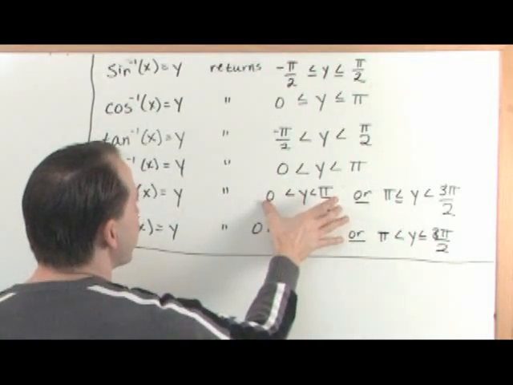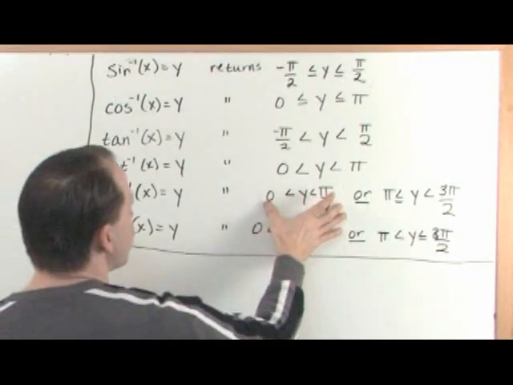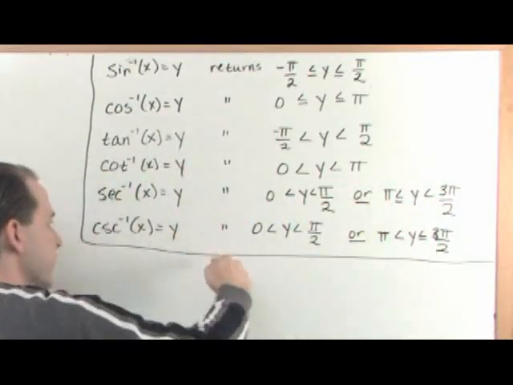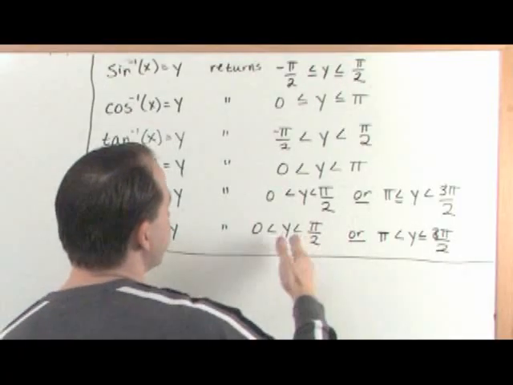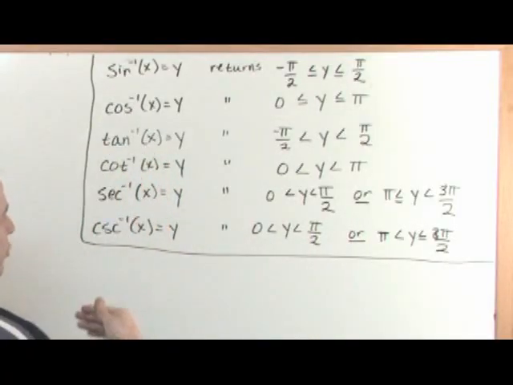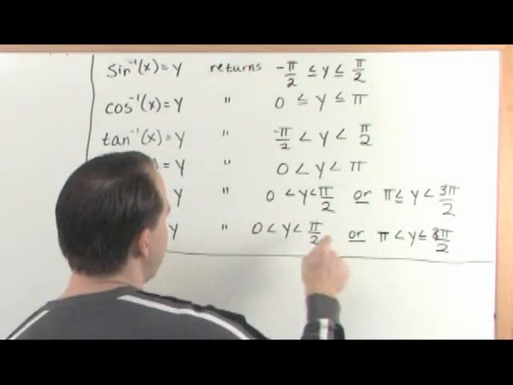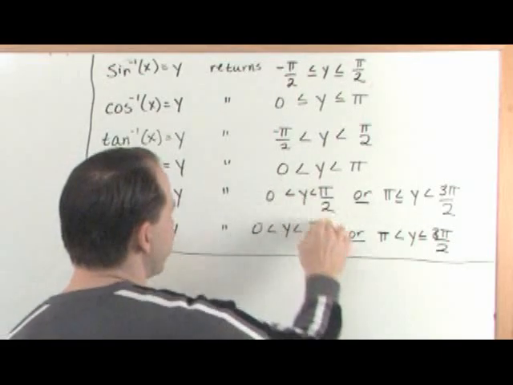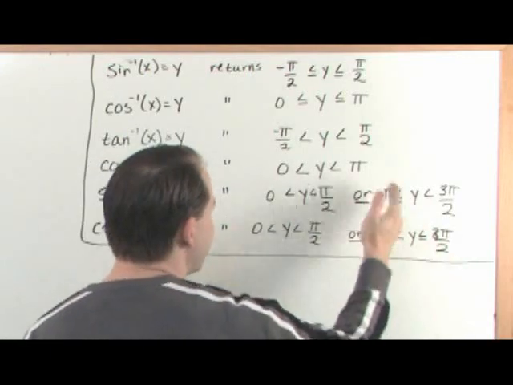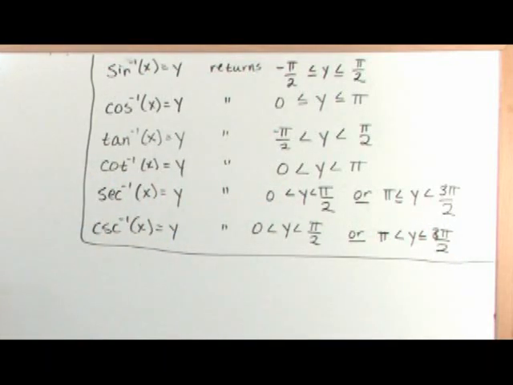So if you look at this range and this range compared to the secant graph, you'll see that these ranges of angles cover a complete path along the secant function without crossing one of those asymptotes, because when you define it, you want it to return angles to you, and you don't want it to have to cross any boundary where something goes off to infinity. So that's why the secant and the cosecant functions are split up like this with different ranges, because you have some asymptotes that fall in there, and we're choosing the ranges so that you never return an asymptote.